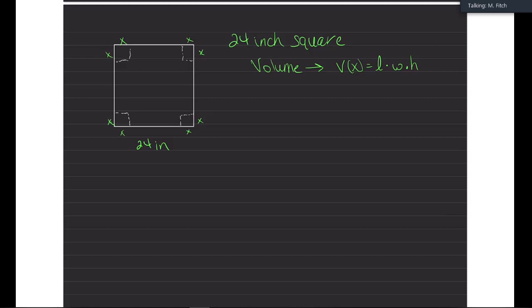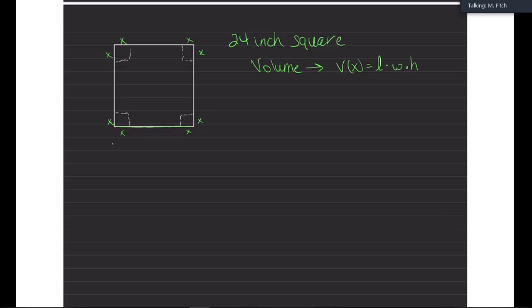So we know that we started with 24 inches going all the way across. From here to here is 24. But we're not using that whole entire 24 when it comes to our box because we cut a little piece off. We cut this little piece off and we cut this little piece off.